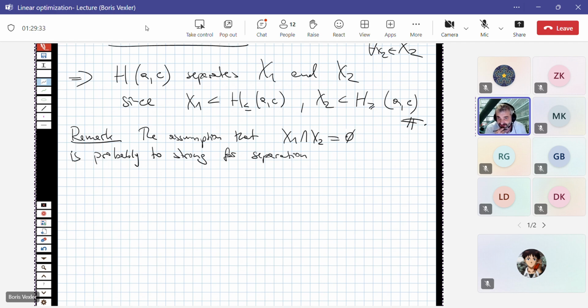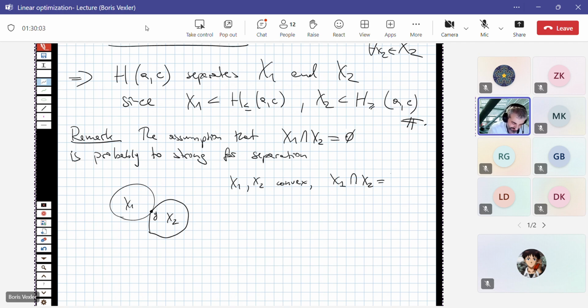It can happen that it is possible to separate two sets also if they intersect. Let's imagine you have this set and this set, and here just one point y, and imagine this is x1, this is x2, and imagine that x1 and x2 are convex, and the intersection is not empty.